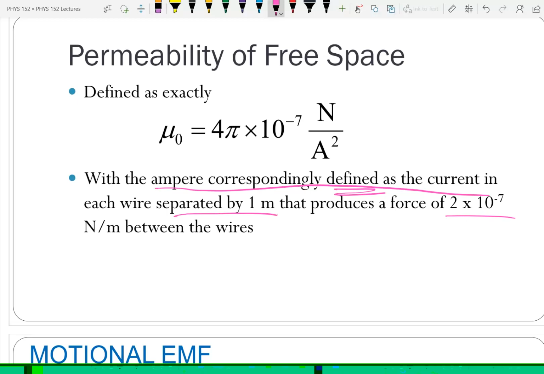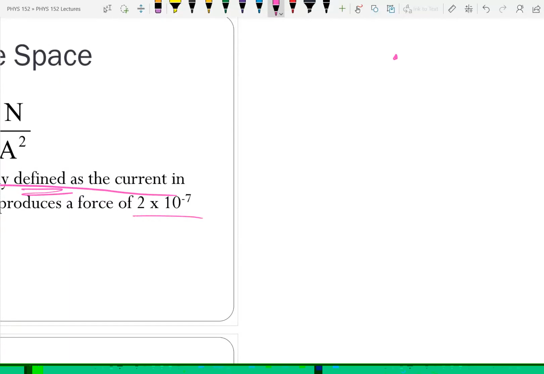Now we've been talking about the force due to magnetic fields, and you had, for instance, a problem that had 3 wires like this, and you had to find the net force, the magnitude and the direction, on each of the wires.